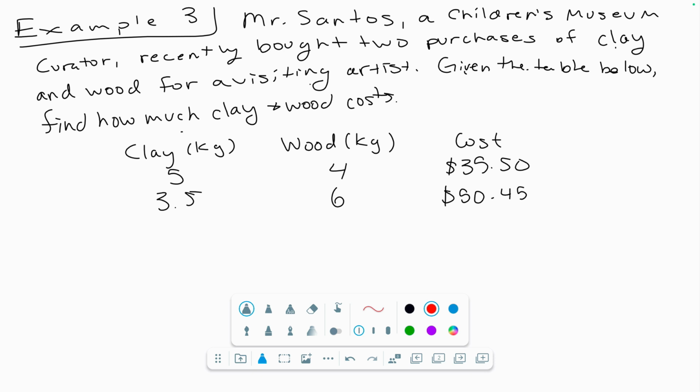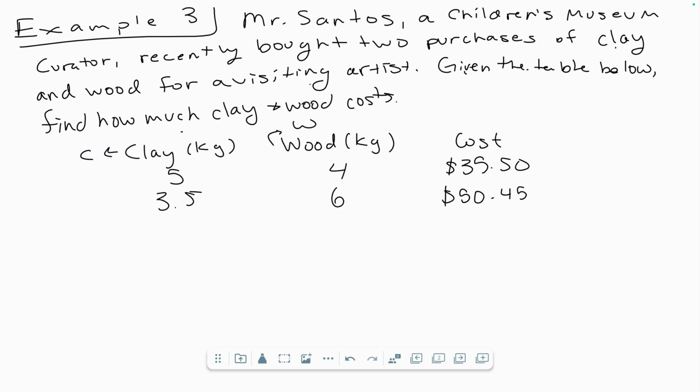Sometimes we're given the rate, but sometimes we're asking, like in this case, how much does something cost? So the cost of the clay I'm going to say is C, and the cost of the wood is going to be W. The cost of the clay is dollars per kilogram, and the wood, again, dollars per kilogram.